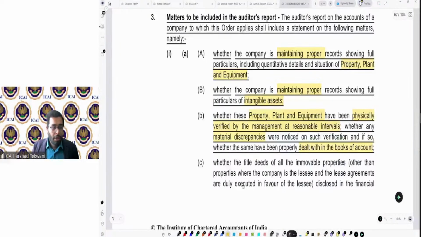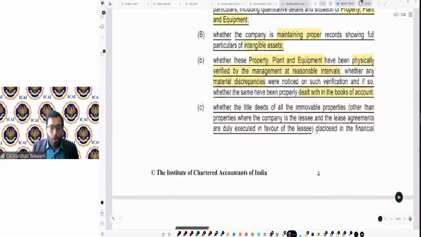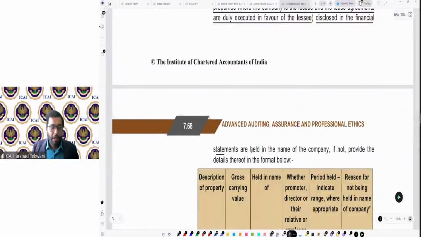Fourth, whether the title deeds of all immovable properties, other than properties where the company is a lessee and the lease agreements are duly executed in favor of the lessee, disclosed in the financial statements, are held in the name of the company. If not, then provide the details.